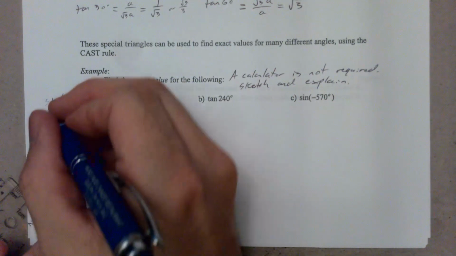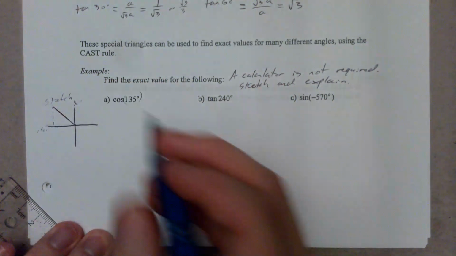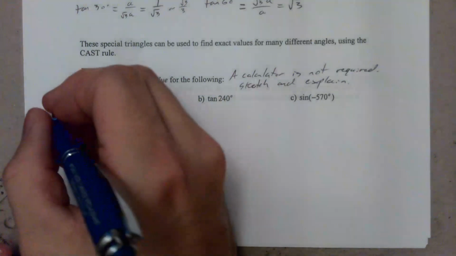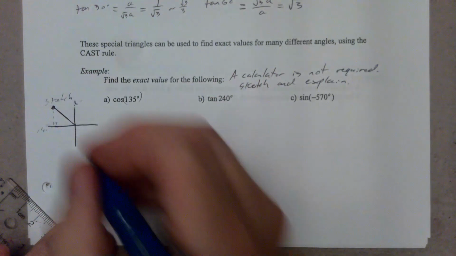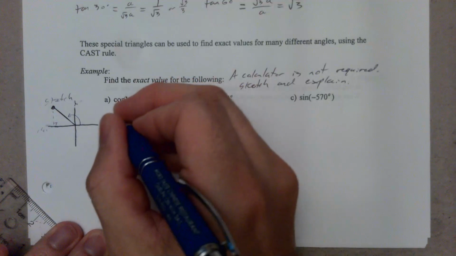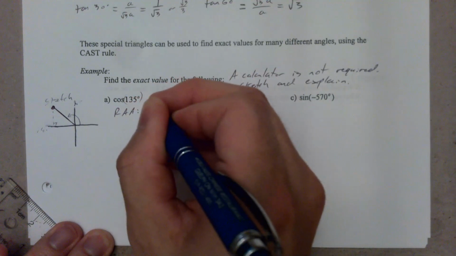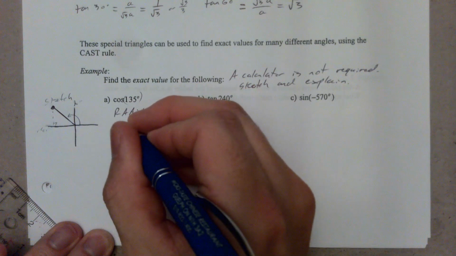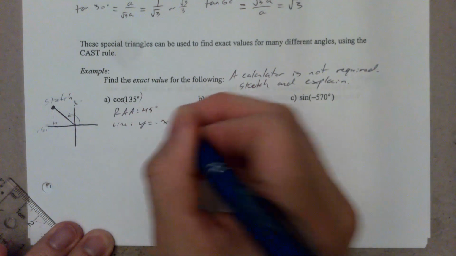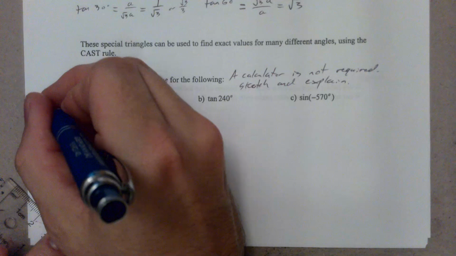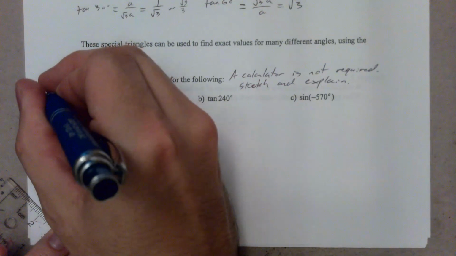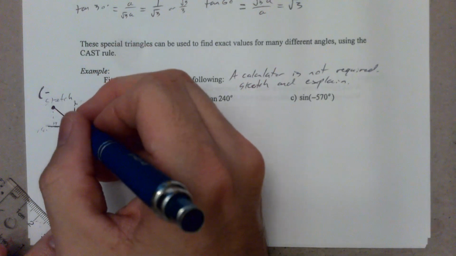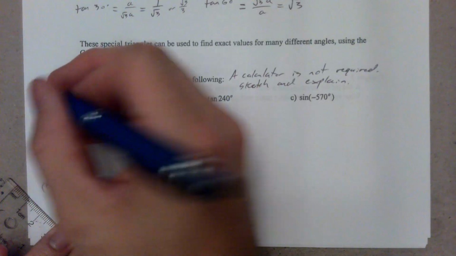Now, I don't think you need to draw a triangle here, and I don't think you need to use the CAST rule either. If we say that we have a related acute angle of 45 degrees, that means that we're along the line. Our terminal arm is the line y equals negative x. That means I know I'm going through the point negative 1, 1.